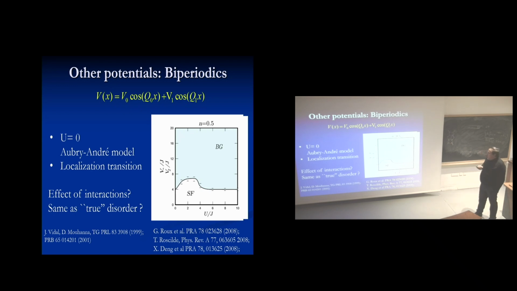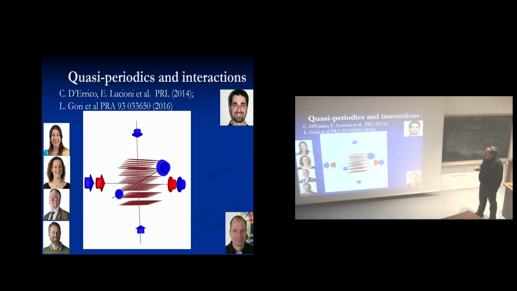I want to show you that people tested this. Here is the experiment which was done in the group of the same Giovanni Modugno that you saw before in Florence, in the group of Massimo Inguscio. And essentially, you have creation by using lasers of many tubes, and in their direction, there is a quasi-periodic potential which is made by a pair of lasers, each one with its own wavelength, and then measurement of the phase diagram.